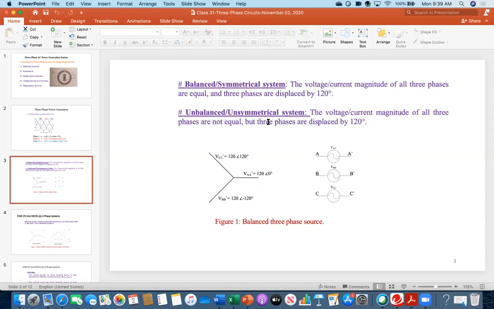Now for the unbalanced system, for example, 0 degrees, minus 120, plus 120, that is fine. But here it is 120, here you got 90. Or you got a little bit bigger or smaller than this. And again, this may or may not be changed. If any of the magnitudes is changed anywhere, that is called the unbalanced system.